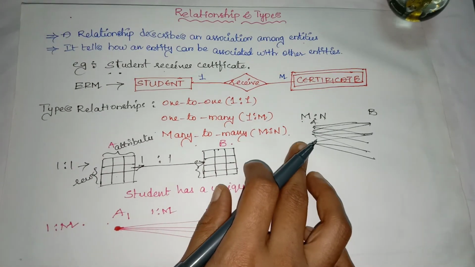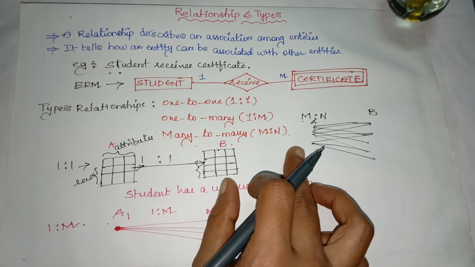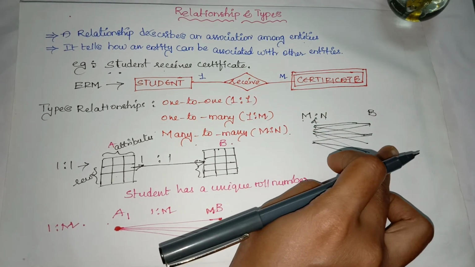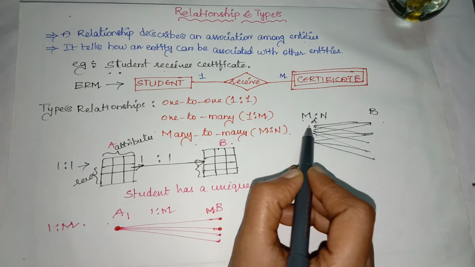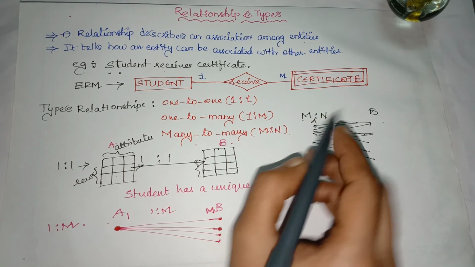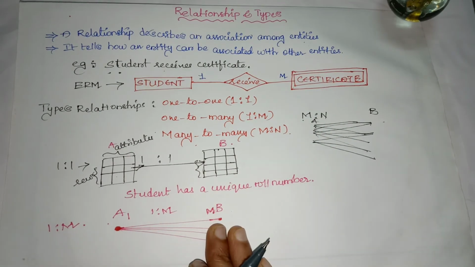From the table A side, many records match with many records of table B, and from table B also, many records match with many records of table A. This type of relationship is many-to-many.